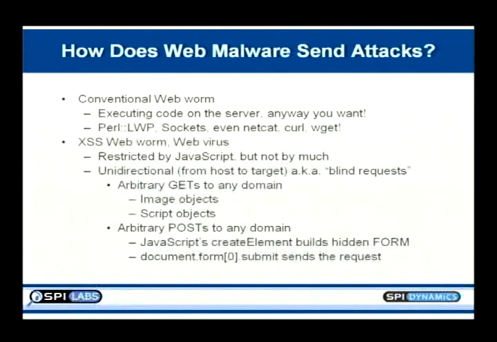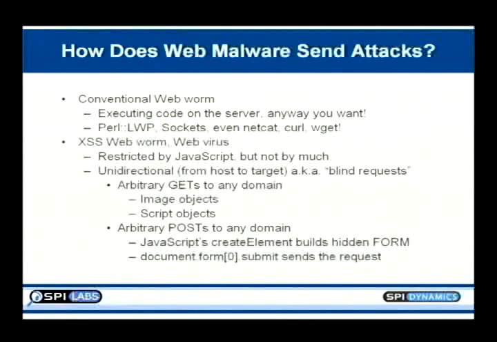For a pure cross-site scripting-based attack that can hop hosts, or a web virus like the MySpace and the Yammer virus, you're restricted because it's JavaScript. You're actually executing JavaScript, and JavaScript has some limited ways it can make HTTP requests. First, we've got a unidirectional approach where I can send something to the target, but I don't get to see the response.